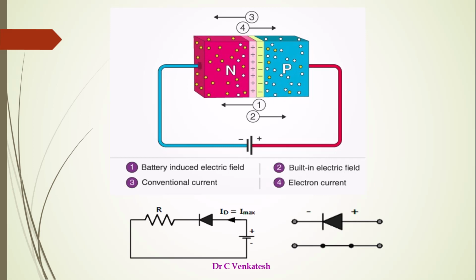So N-type, P-type semiconductors, the positive immovable ions near the junction in the N side, negative immovable ions near the junction in P side. Battery induced the electric field. Built-in electric field. 3 is the conventional current and 4 is the electron current.